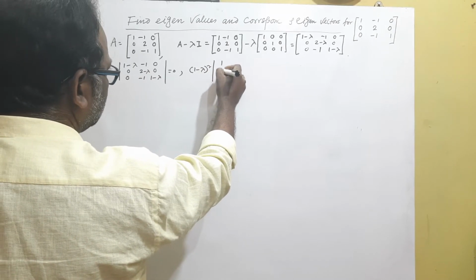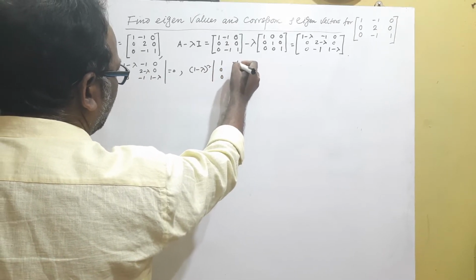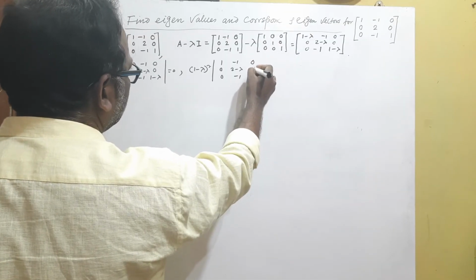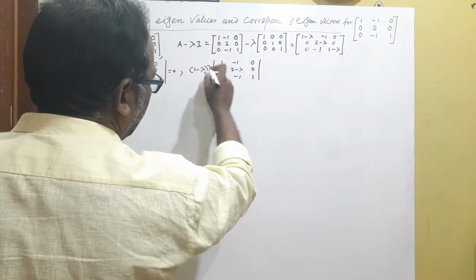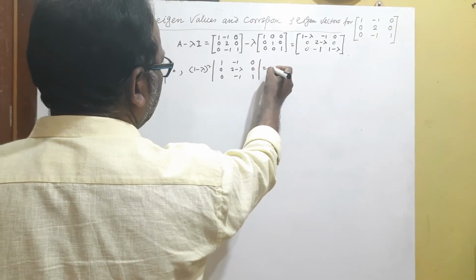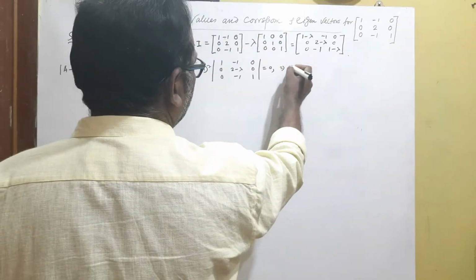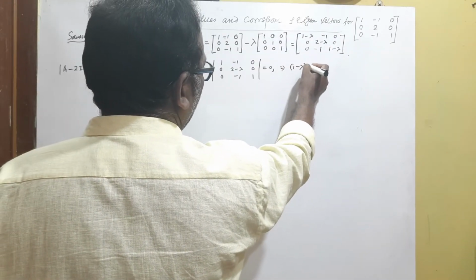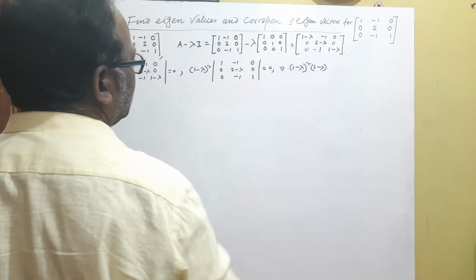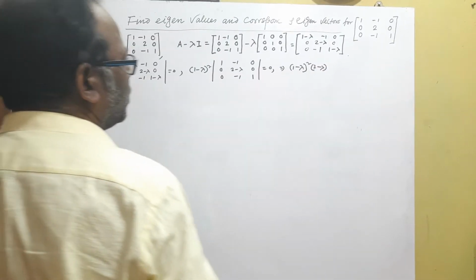So this is 1, 0, 0; -1, 2 minus lambda, -1; 0, 0, 1. I can take common the 2 minus lambda from the second row. So it would be 1 minus lambda whole square times 2 minus lambda.